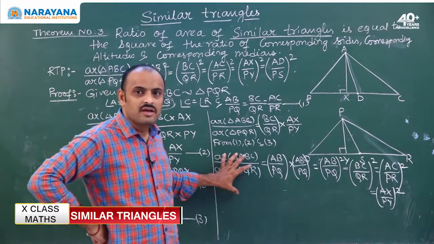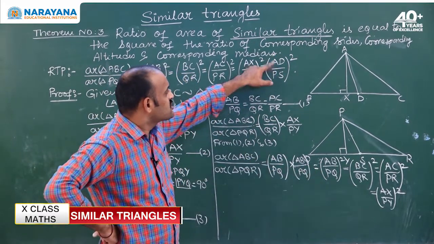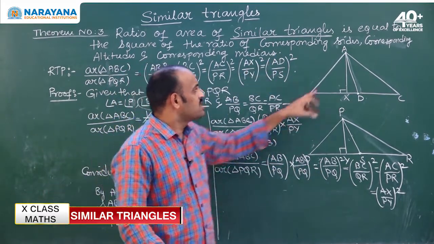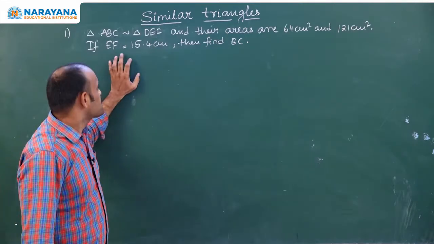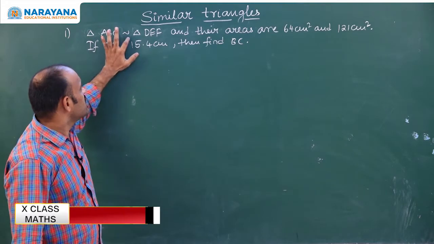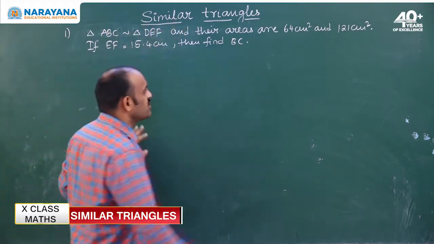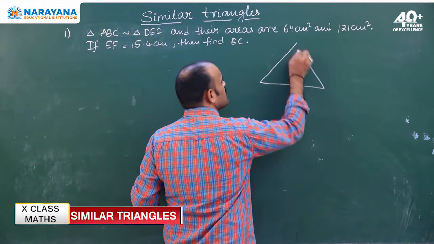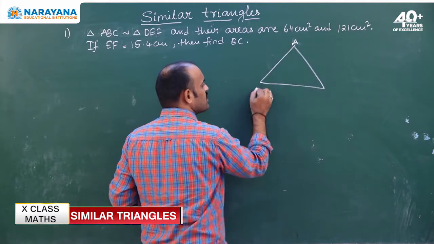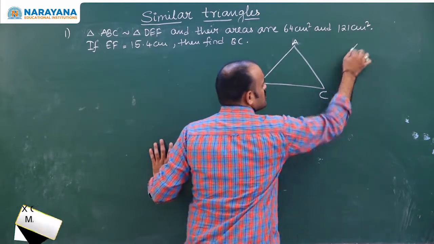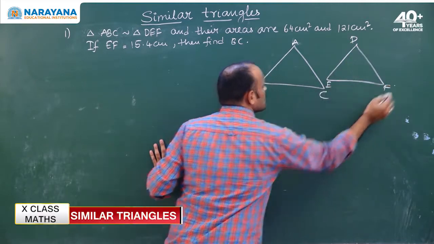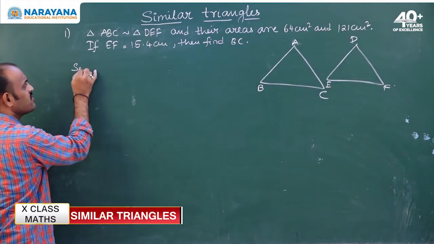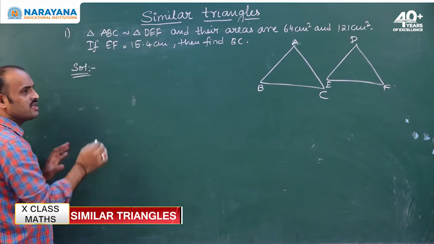The same way, we can prove for the square of the ratio of the corresponding medians also by considering triangle ABD and triangle PQS. See the first example: triangle ABC is similar to triangle DEF. It is given, so directly write the statement.